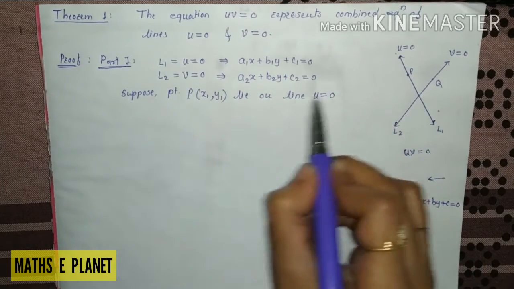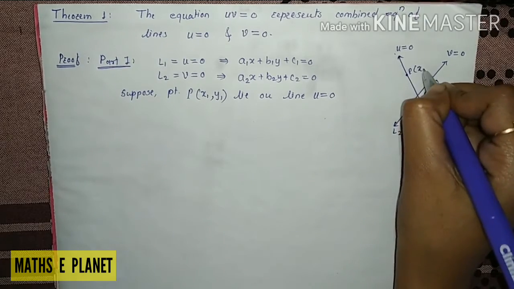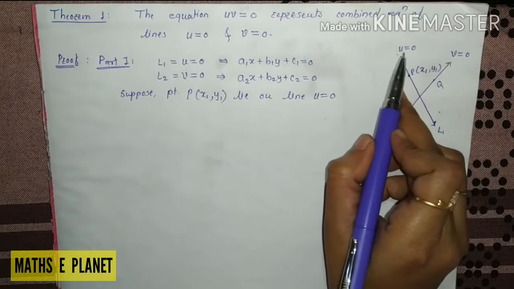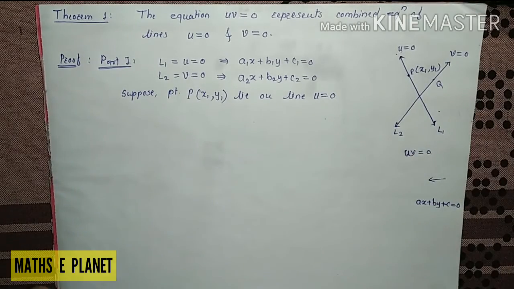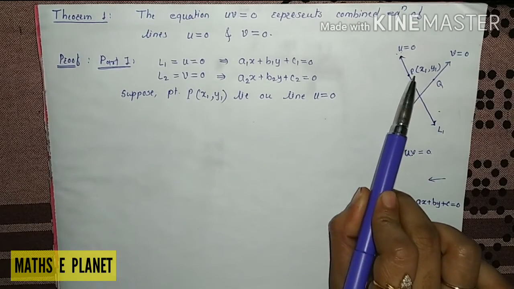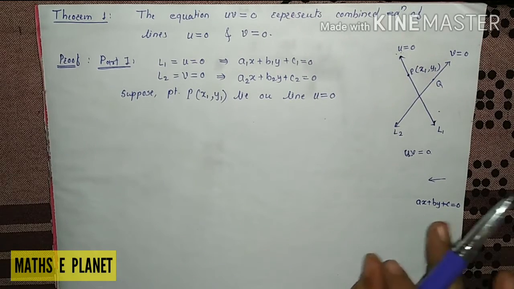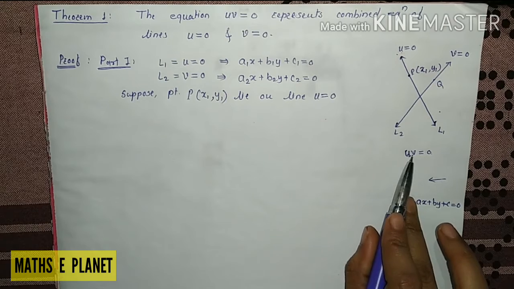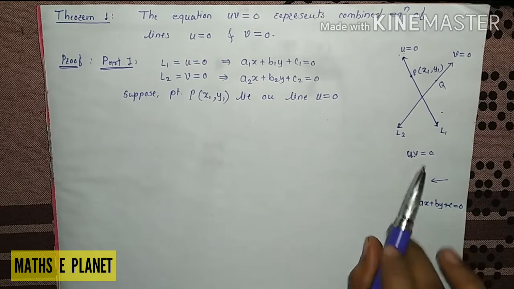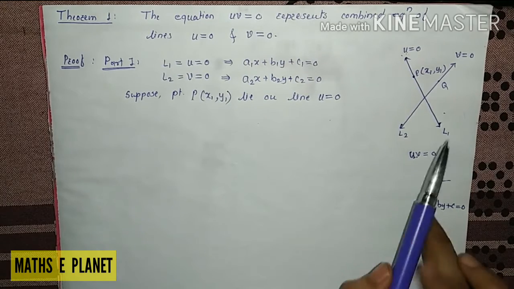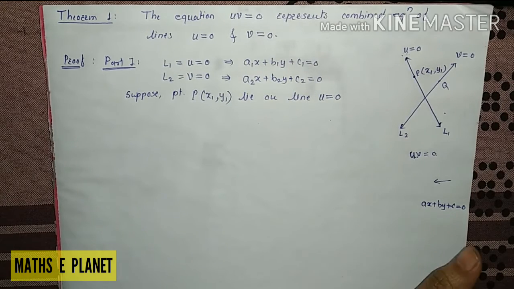Suppose the point P x1 y1 is on line L1 or u is equal to 0. Now we have to show that this point P lies on u into v is equal to 0. If we want to show that this point lies on u into v is equal to 0, then obviously this point will satisfy this equation.